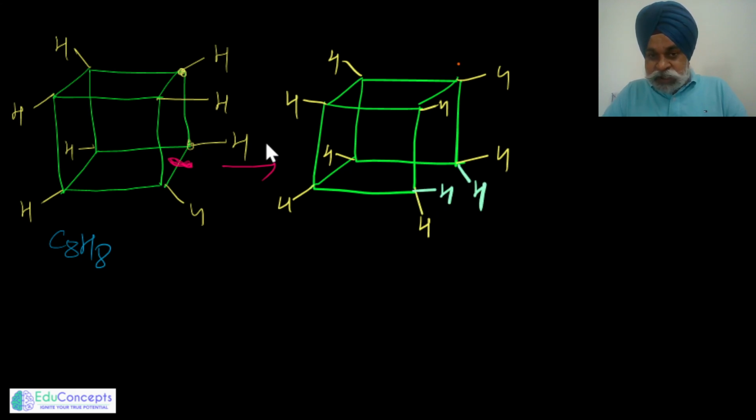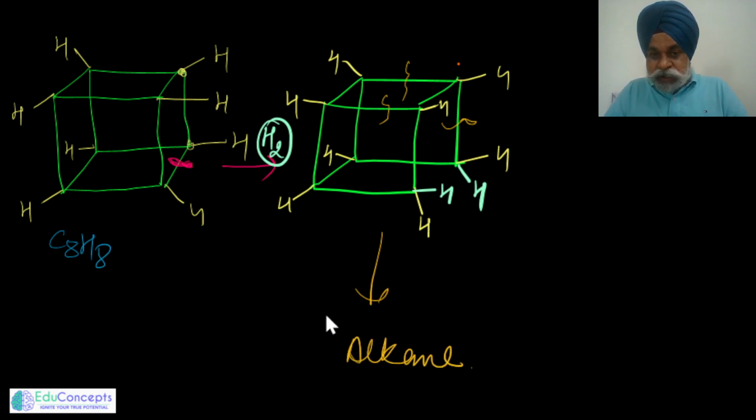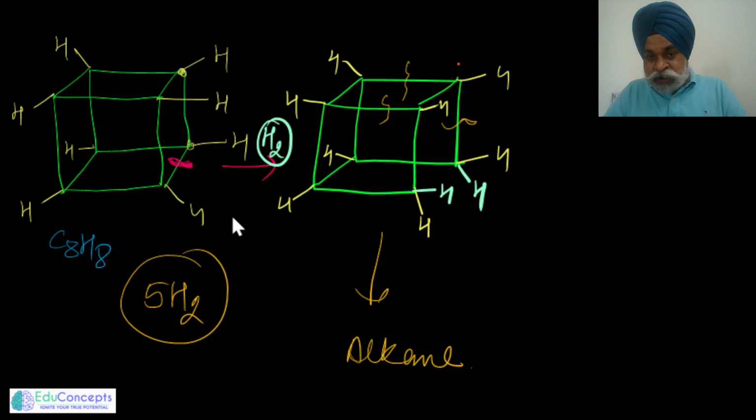So I have just added 1 hydrogen molecule into this system. Similarly, if I keep going like this, I have to break this bond, this bond, and so on. In doing so, once you reach an alkane, you end up having added 5 molecules of hydrogen, or 5 pairs of hydrogen atoms, to convert cubane into an alkane.